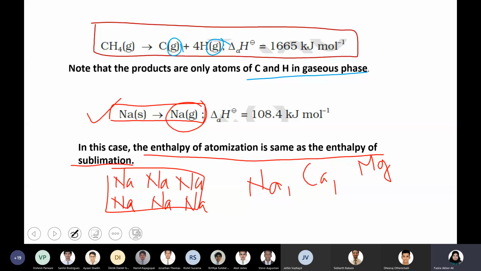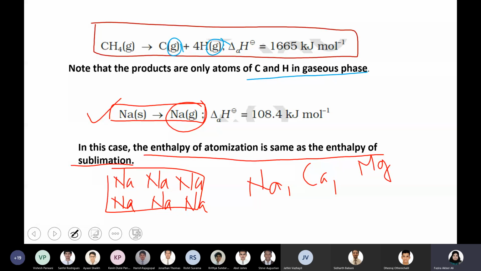When we discuss a compound or a molecule where there is already chemical bonding, atomization means you have to break the bonds, ionic or covalent, to form atoms. That is what atomization is for molecules or compounds.